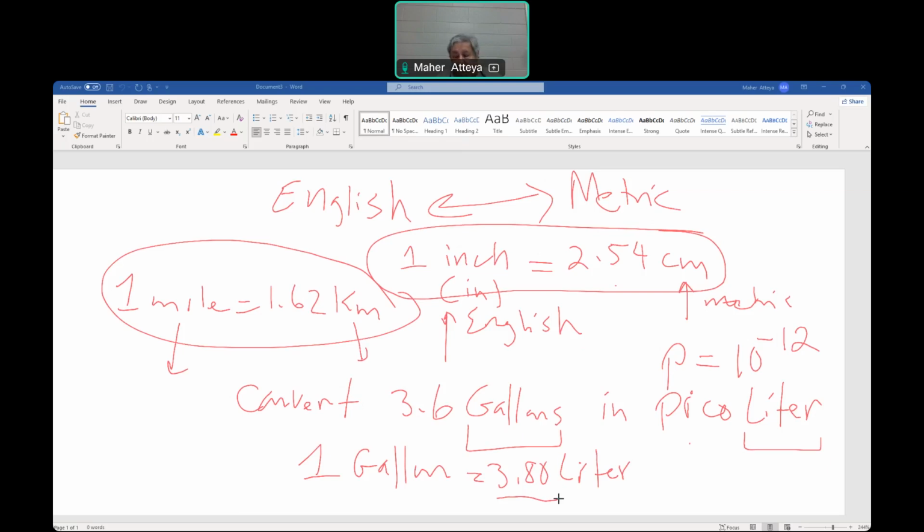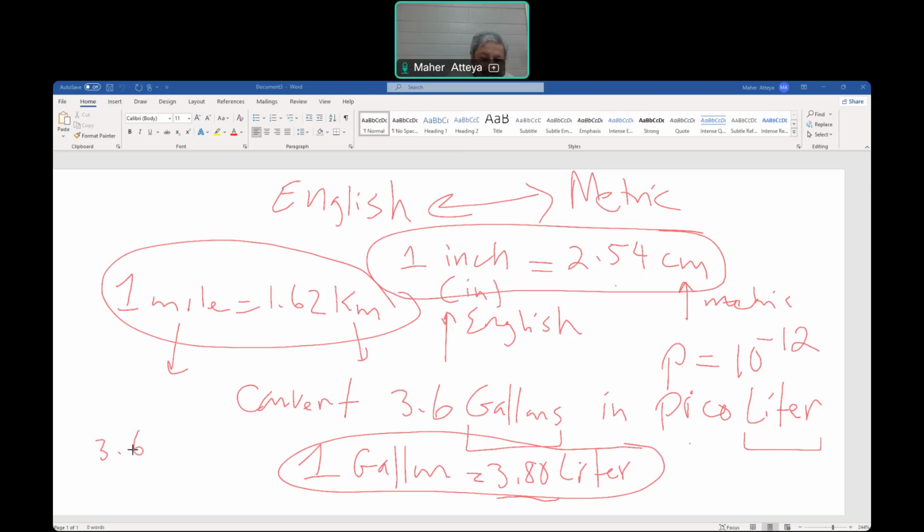Each country will differ a little bit, a different number. So now we know the conversion factor, the relationship between the English gallon and the metric liters. So now we can put the whole thing together.